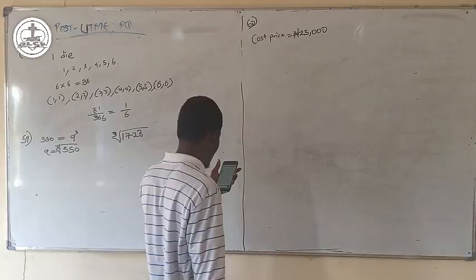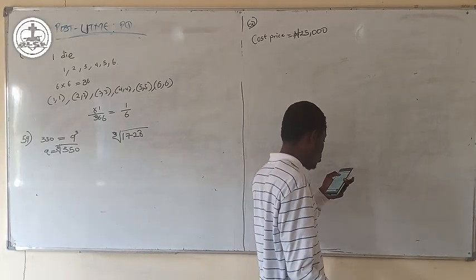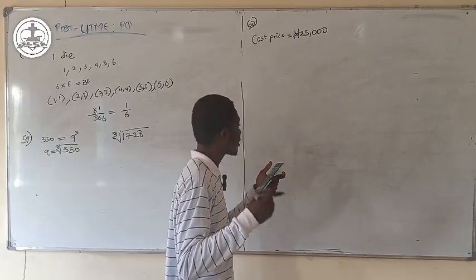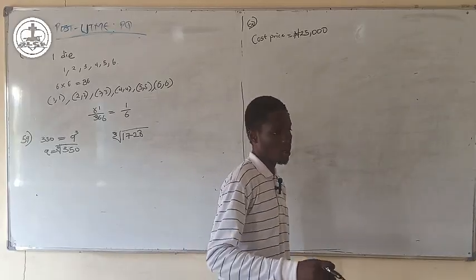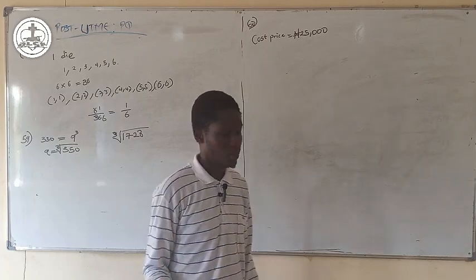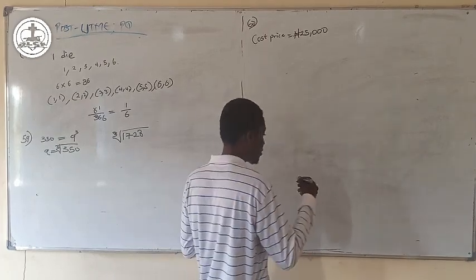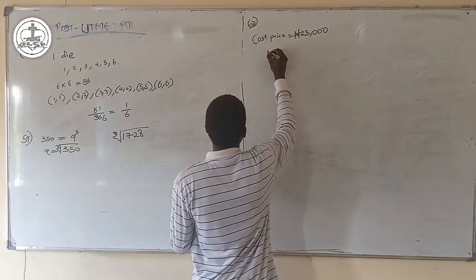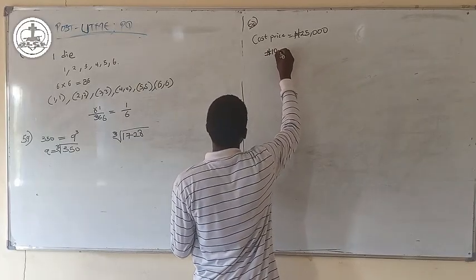Then it was said that out of which he paid 10,000 naira. When you want to pay by instalments, you have to drop something first, a deposit first. So he paid 10,000 naira as deposit.